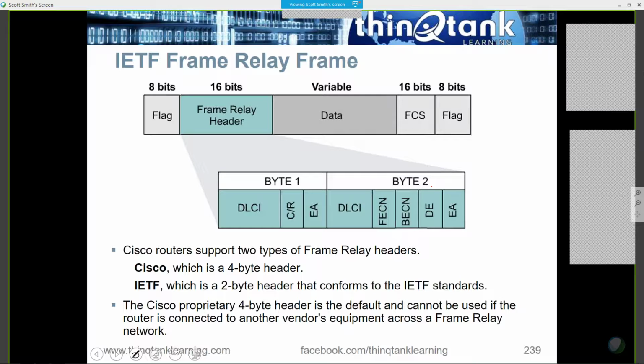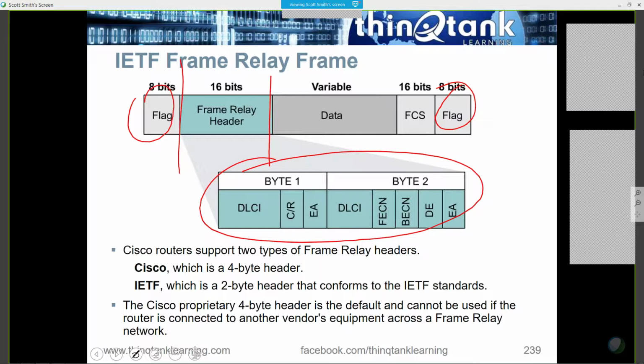All right, what are the flag fields here? The flag fields, that's my preamble and postamble. So really those don't count. There's my header, which is 16 bits. There's my FCS, my frame check sequence. That is my CRC, my cyclic redundancy check. Of course, the data field is what?